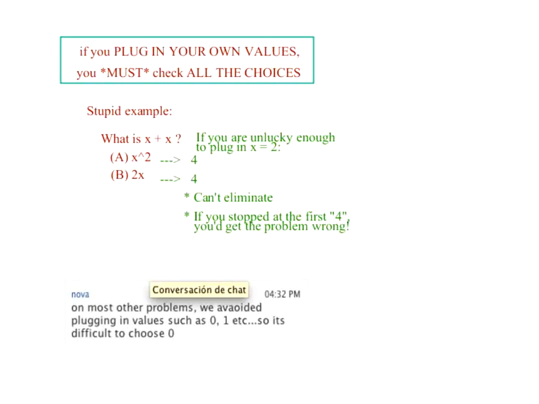On most other problems, we avoided plugging in values such as 0 and 1. And I mean, it's true you did, and the reason why you avoided plugging those values is because those are more likely to lead to coincidences like these. I mean, you should not blindly memorize that you should not plug 0 or 1, because that's not a blanket rule. There are plenty of cases where plugging in 0 is not ill-advised at all, like the last problem.